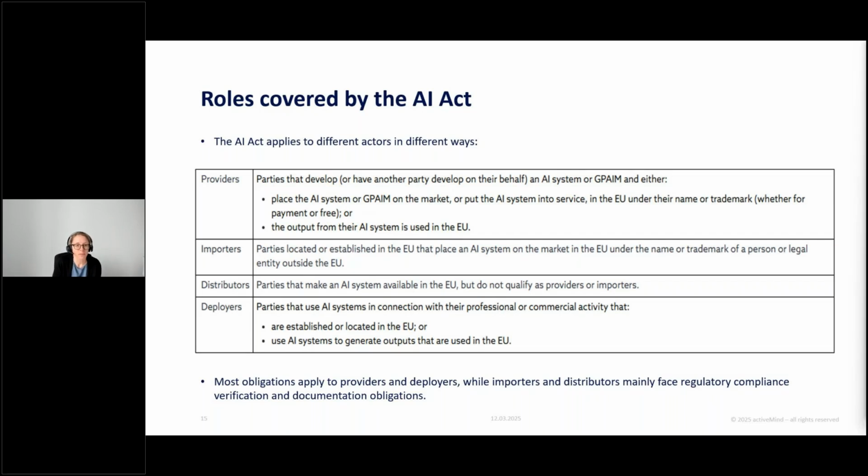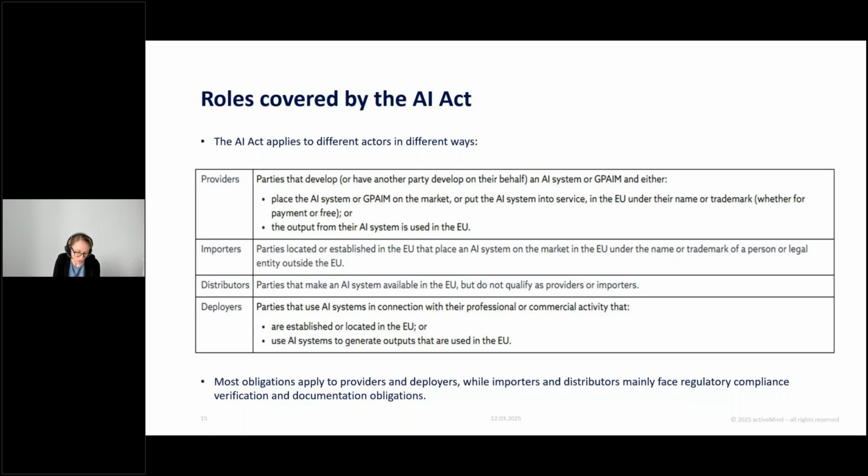Could also be that it is developed on their behalf, but let's assume we have a provider developing AI-based translation software. So as a provider, the provider is responsible for the compliance of the software with the EU AI Act, including the safety and transparency of the AI algorithm.